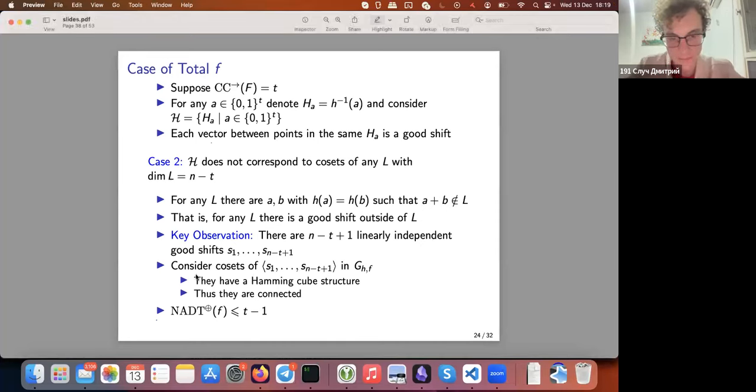Because of that, we can say that the coset is connected. And so for total functions, this inequality holds.